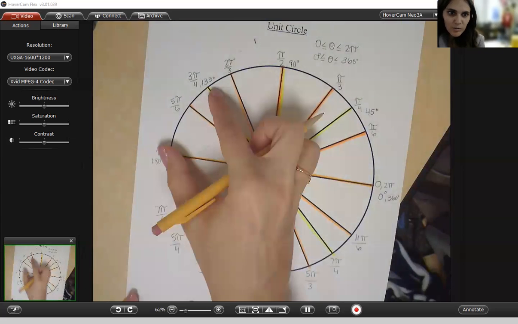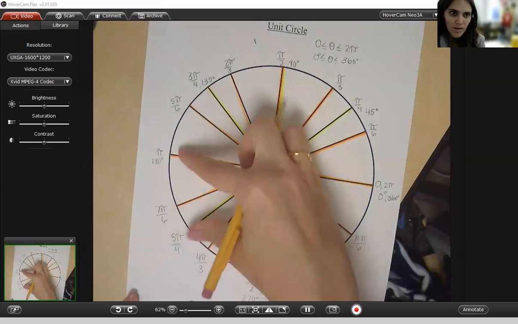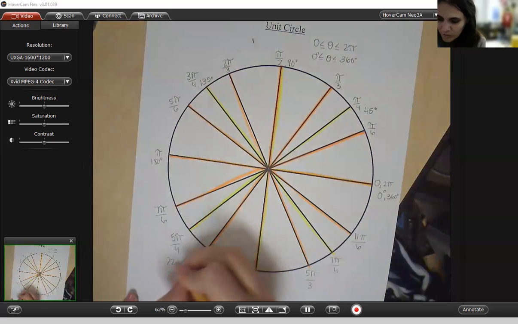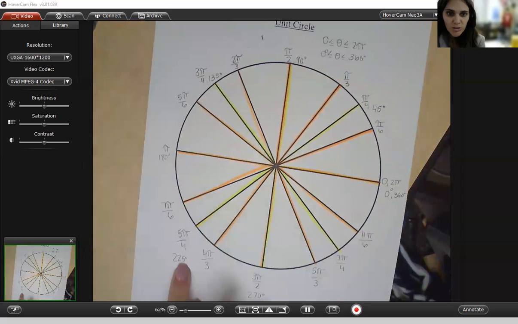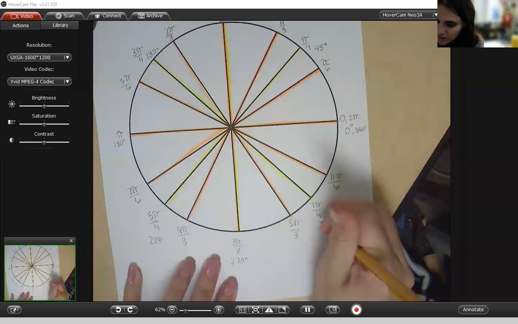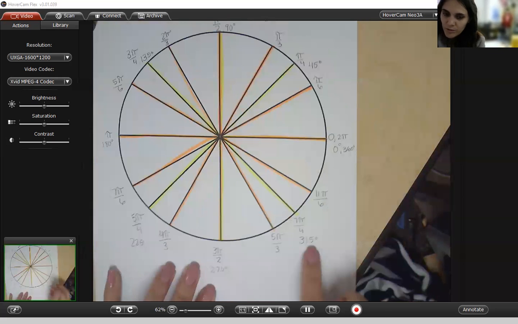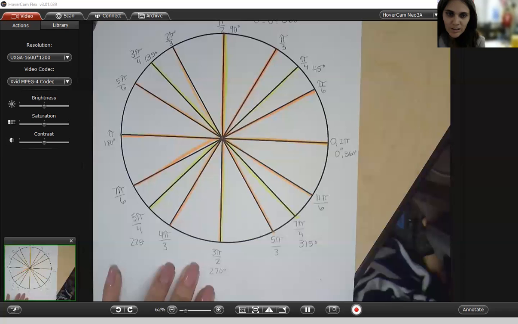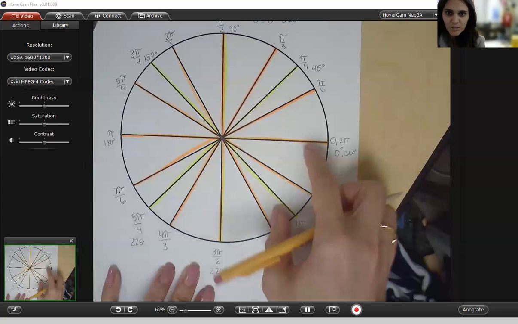Another 45 gets you to 225. 225 plus 45 is 270, and 270 plus 45 gets you to 315. 315 plus another 45 gets you to 360. So there are all of our 45 degree segments.